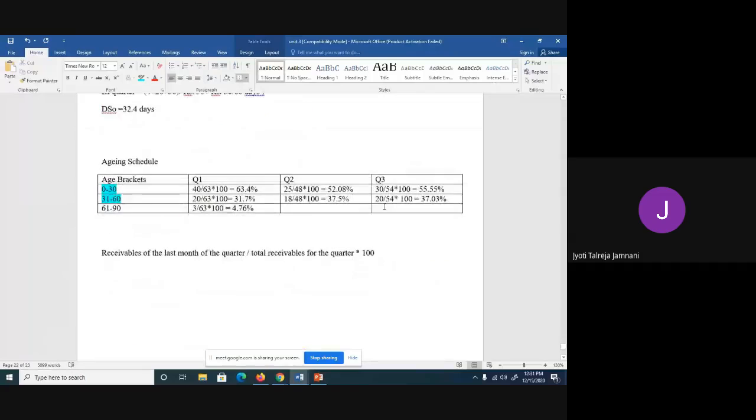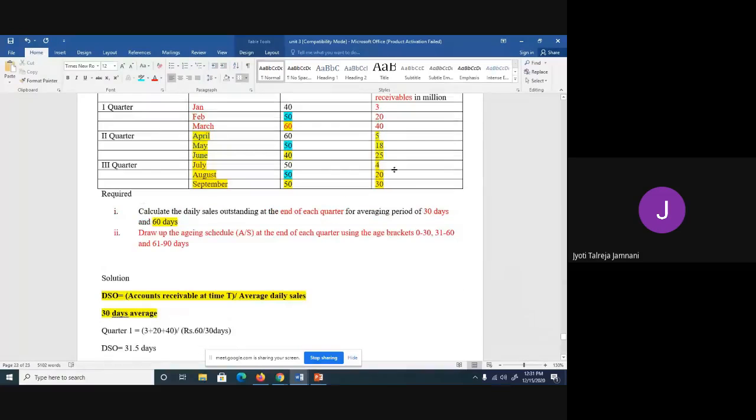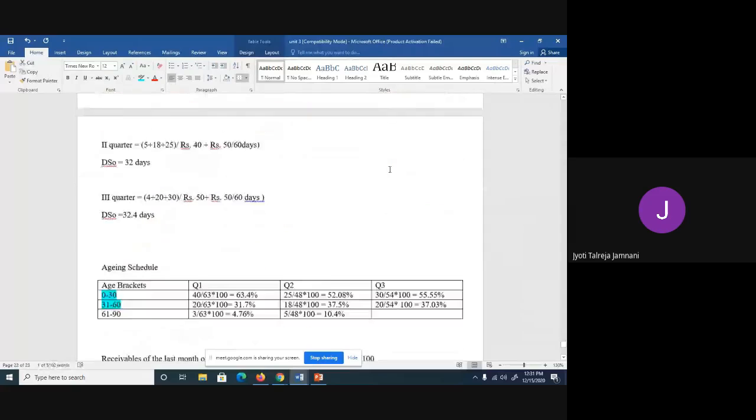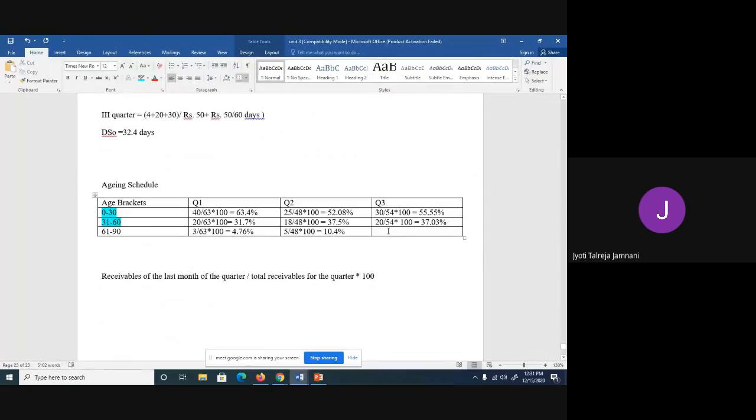So 5 divided by the total 48 into 100 is equal to 10.4%. And the last quarter, the third quarter, first month sales is 4. So 4 divided by the total, 4 divided by 54 into 100, which is equal to 7.40%.